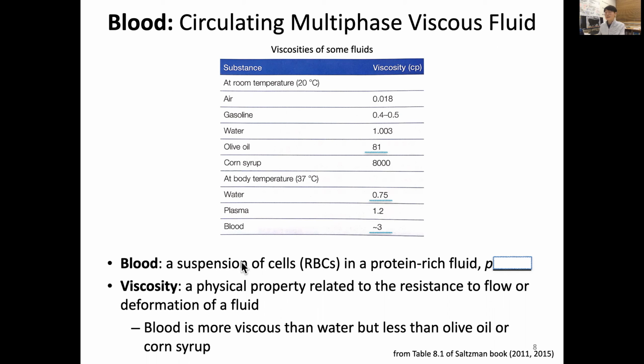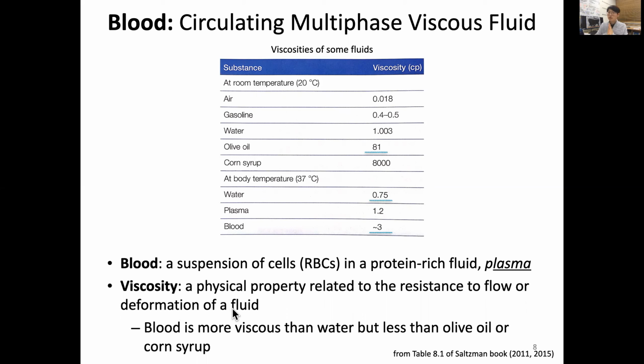So blood is a suspension of cells, especially red blood cells, which compose almost 40% of blood volume, in a protein-rich fluid, which is everything except RBCs, and that we call plasma. And viscosity is a physical property related to resistance to flow or deformation of a fluid.